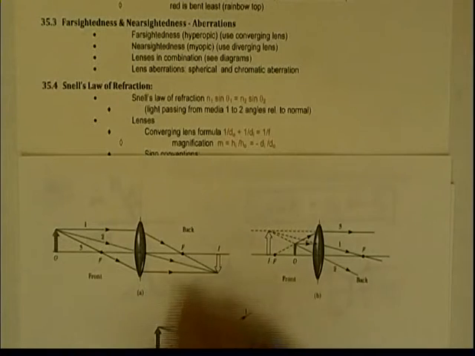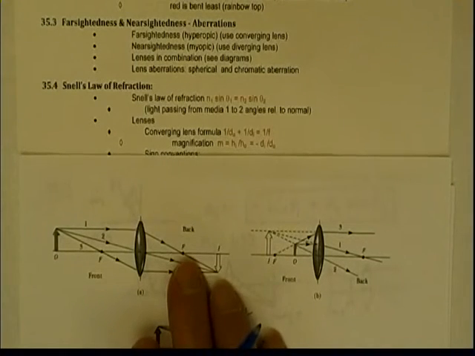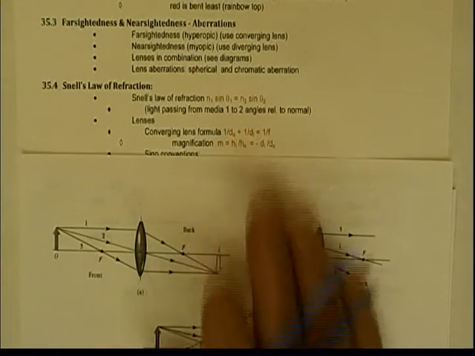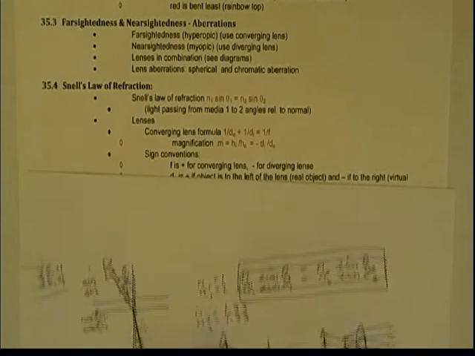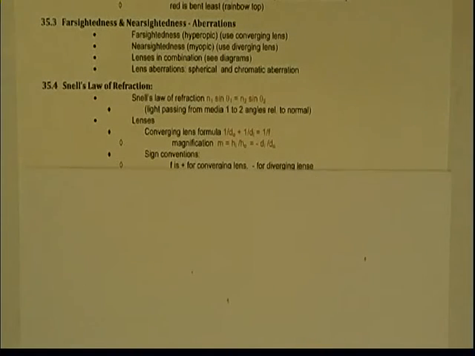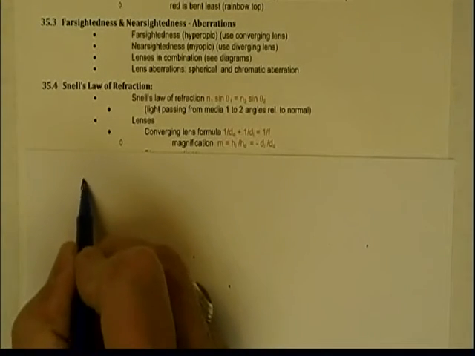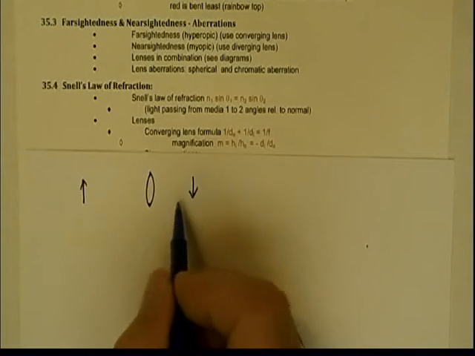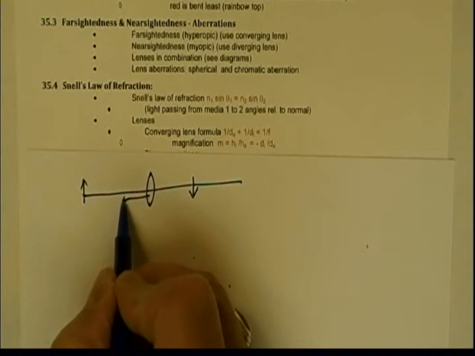The formulas that are applicable for a converging or a diverging lens, any lens that is sufficiently thin, are given by this formula. Let me write that out. This would be the focal length.